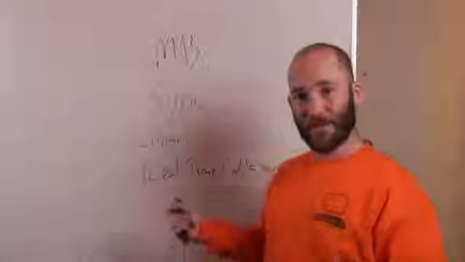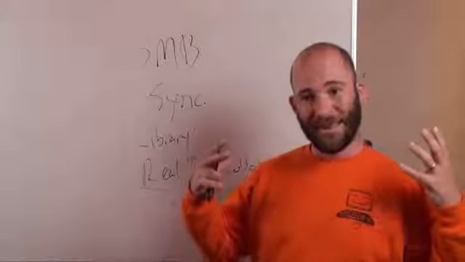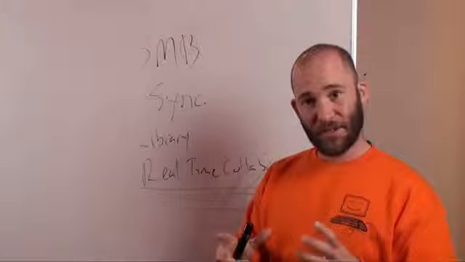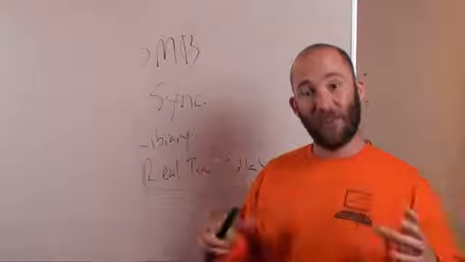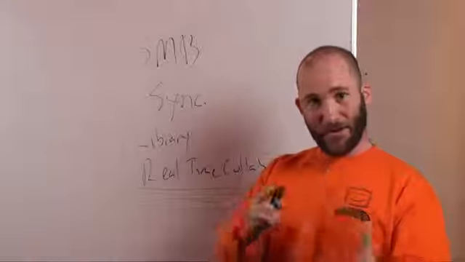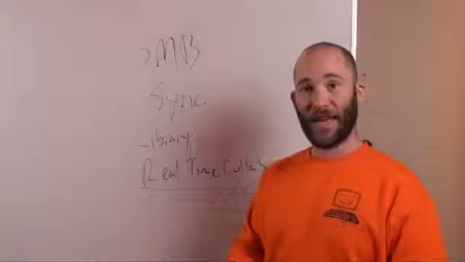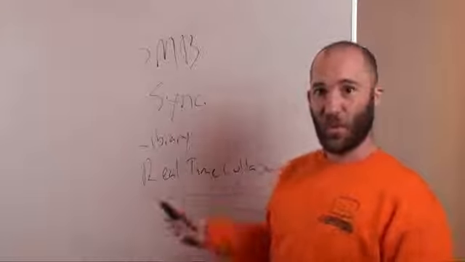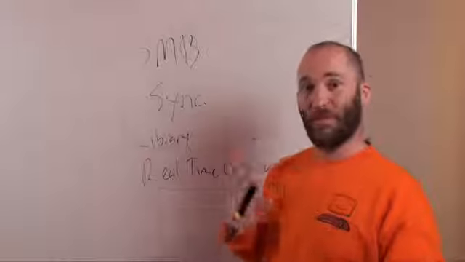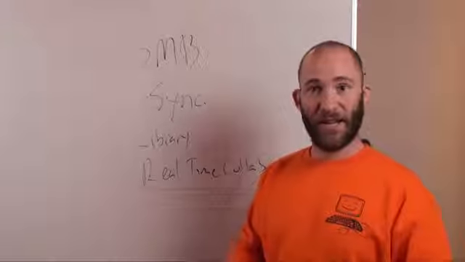Most of the time for real-time collaboration, both the file server, or wherever the document is stored, and the software that the people are using to edit the document have some type of communication technology. So you can't just use Word and a file server and do this. You have to have multiple bits of technology working together.